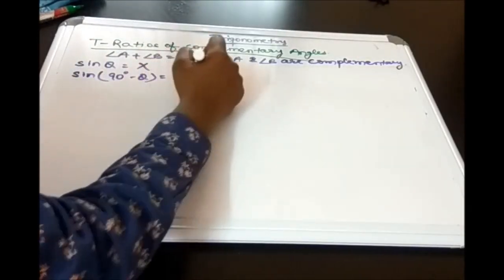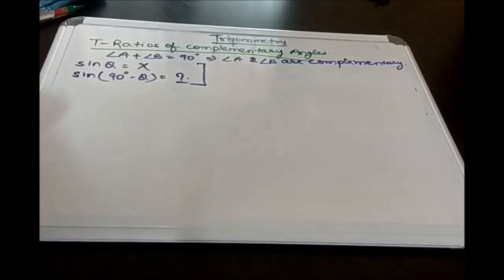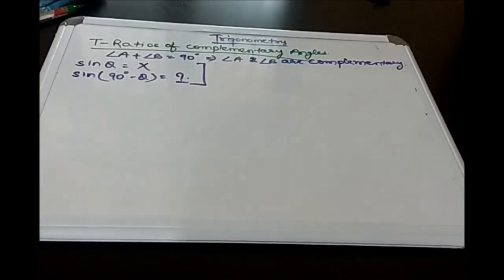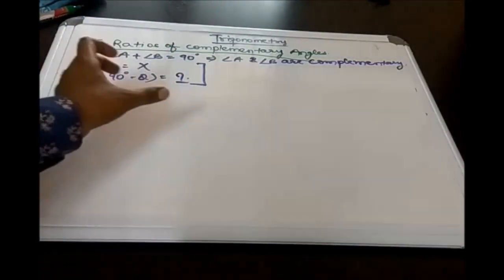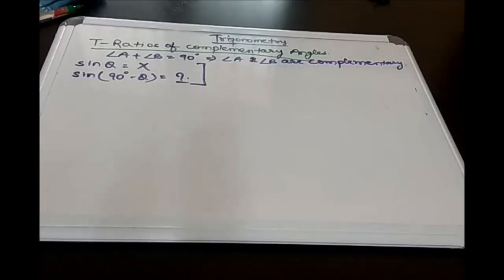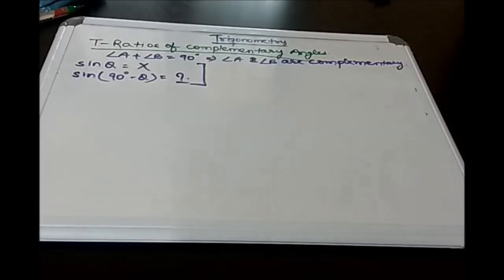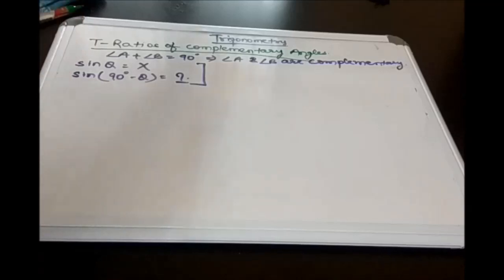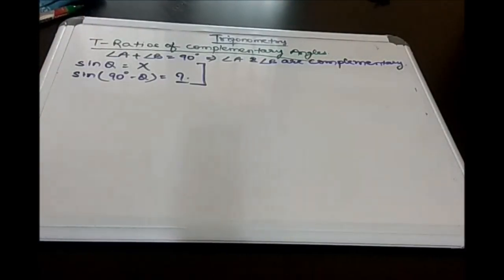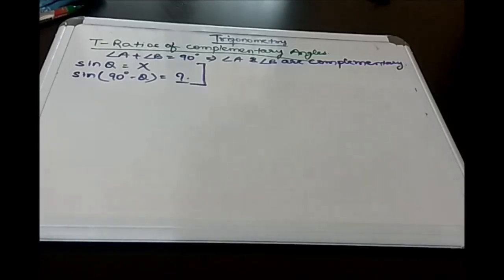What will be the value of sine 90 minus theta? So if you are aware of the trigonometric ratios of complementary angles, you can easily find this thing. You need not know the value of 90 minus theta. You can easily find it in reference to the theta. That's why it is required, and it will help you in solving the problems that you will be getting in your examinations.